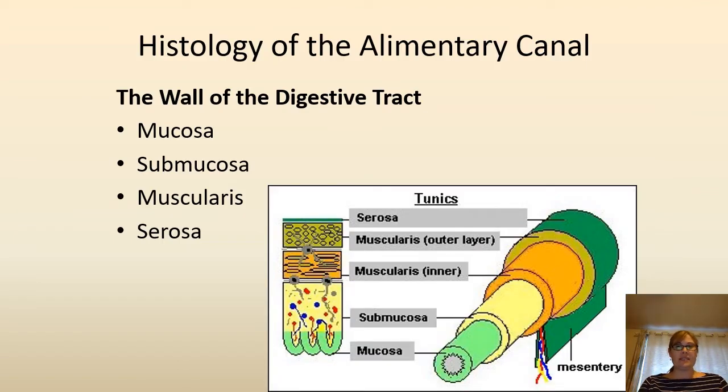These walls are known as tunics. Tunics are layers. We learned about the tunics that are involved with the cardiovascular system. There are four tunics that go with the alimentary canal. They're pretty much always present, but the morphology of them is different.